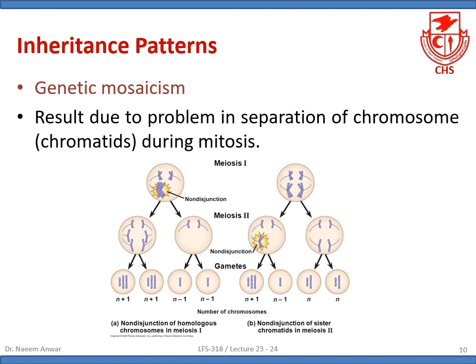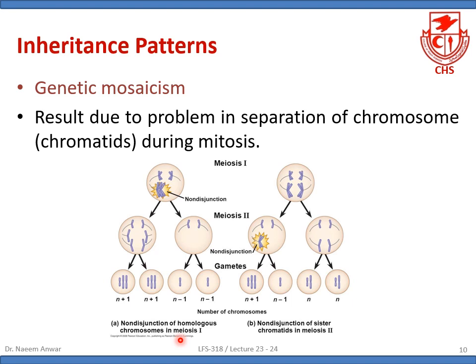Again, we have what's called genetic mosaicism, which is a result of some problem in the separation of chromosomes during meiosis. So here it's not mitosis, it's meiosis. Over here you can see that because of non-disjunction, there is a problem in the separation of the chromosomes that led to a different number of chromosomes in the gametes as a result of meiosis.